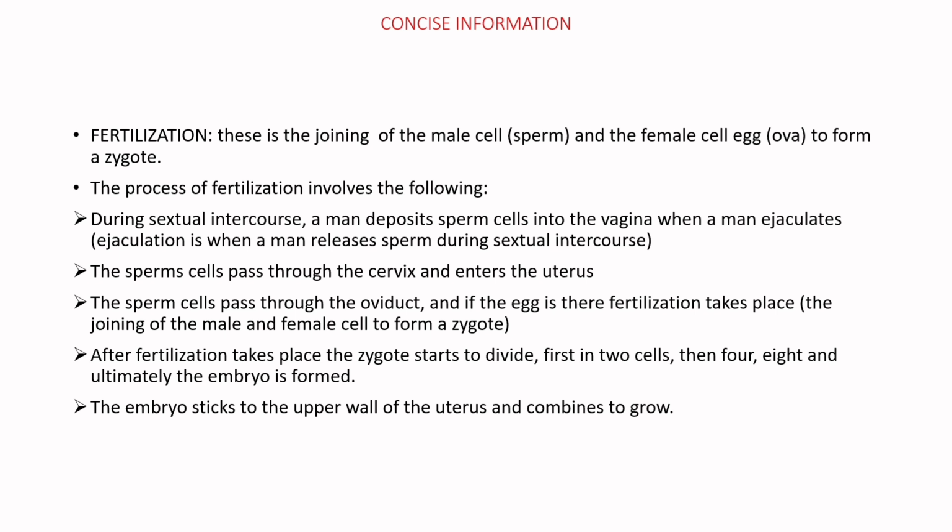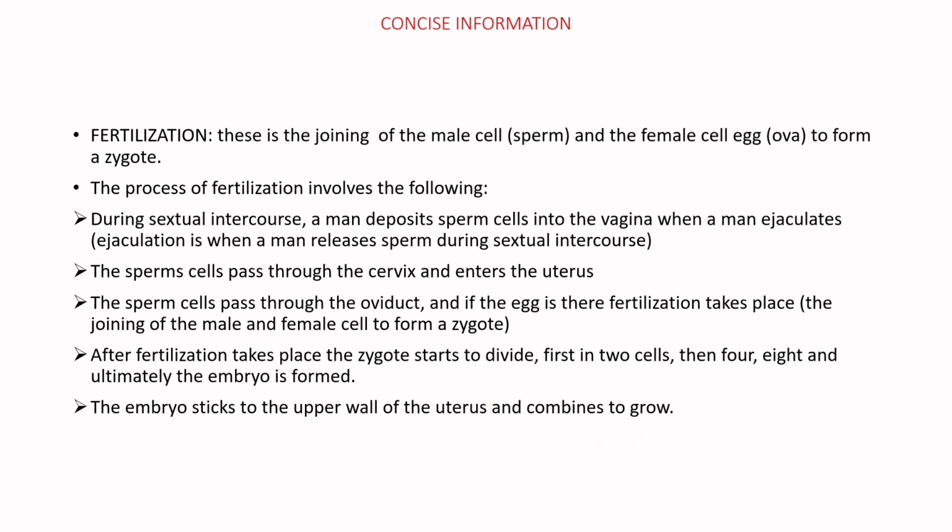When the sperm meets an egg in the oviduct, fertilization will take place. That results in what we call a zygote. After fertilization, the zygote will start to divide and automatically form what we call the embryo. Then this embryo will stick to the upper wall of the uterus and start to grow.